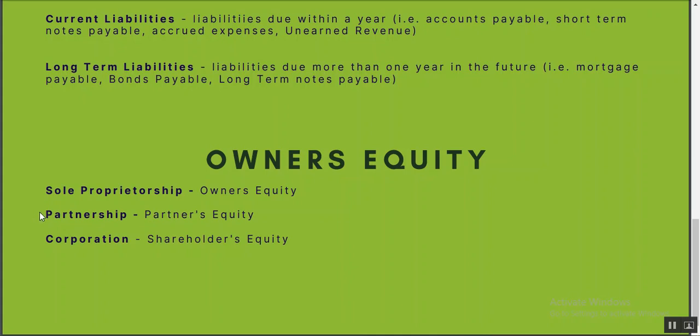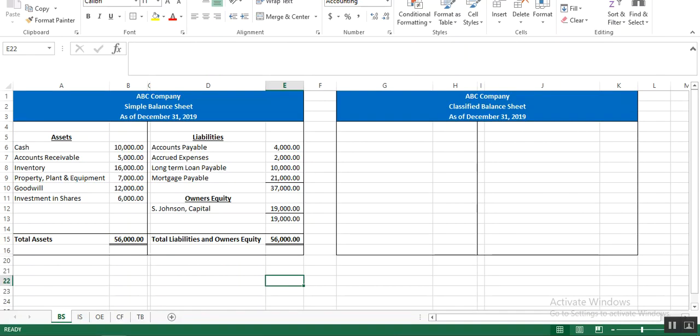In this video, we're not going to go into the details of this, but I'm going to show you an example of how these balance sheets are essentially the same. The simple balance sheet and the classified balance sheet express the same information. It's just the way that it's shown that's different.